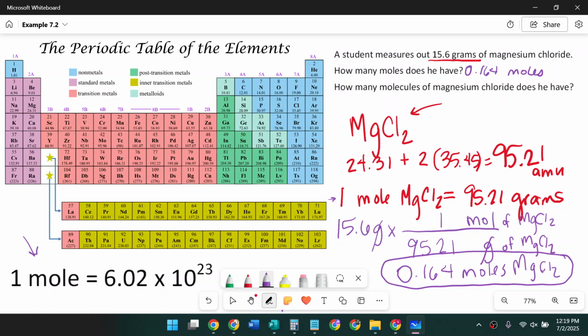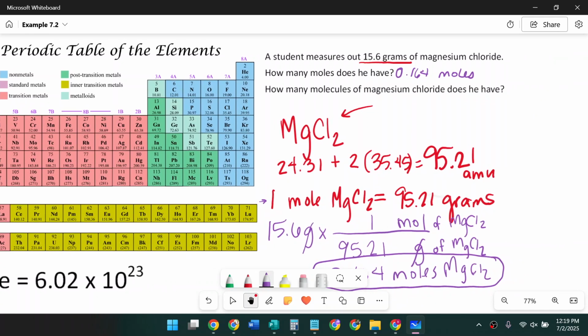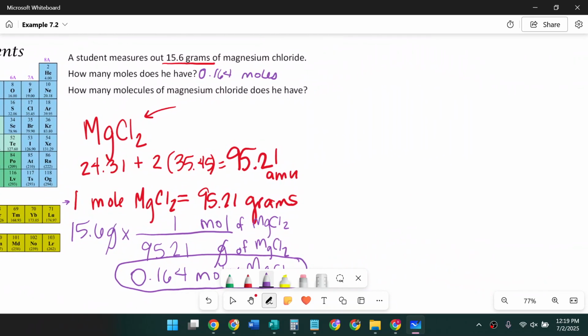If I have a mole of MgCl2, the unit that is a molecule, I have 6.02 times 10 to the 23rd molecules of MgCl2. So 1 mole equals 6.02 times 10 to the 23rd molecules of whatever.